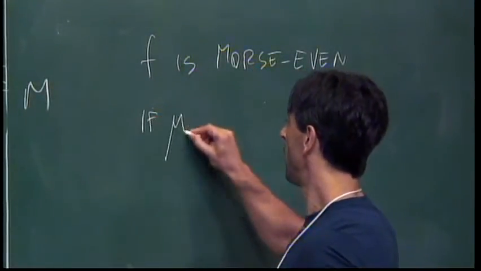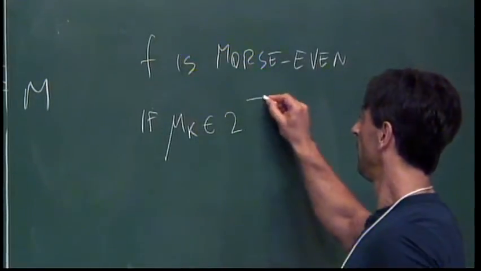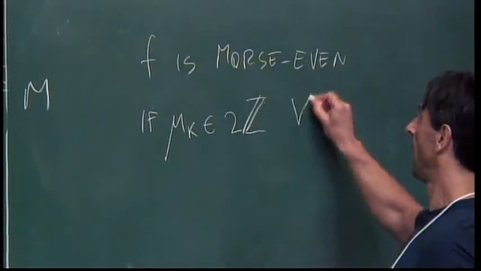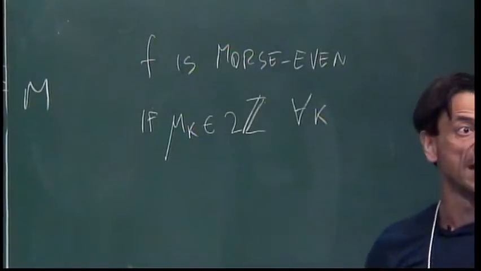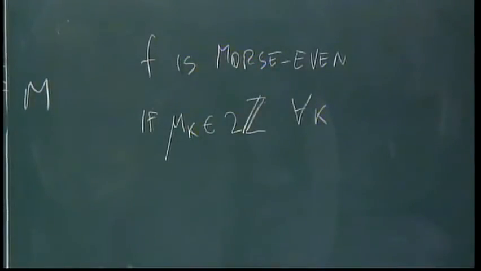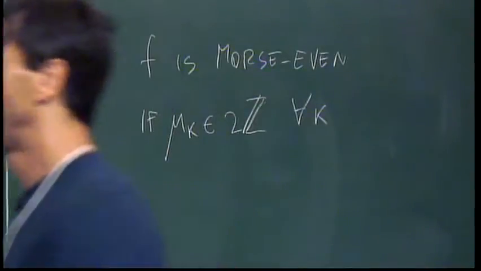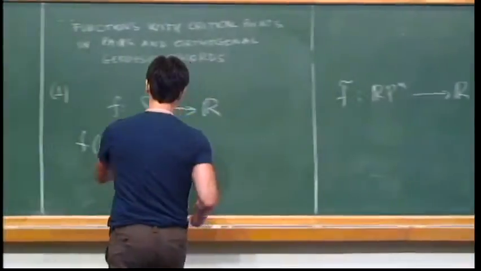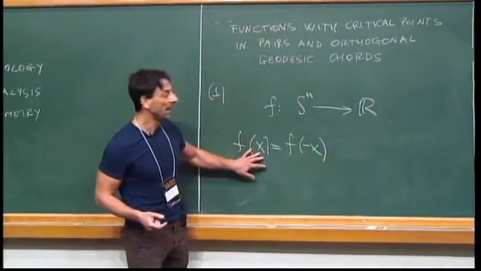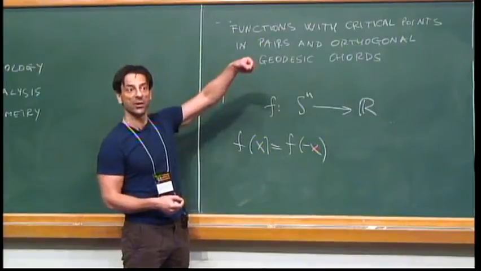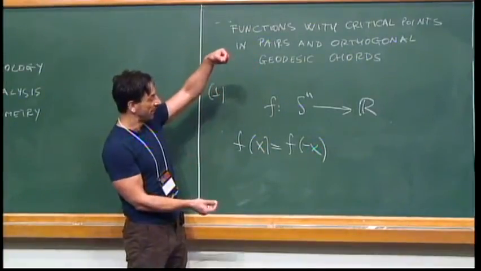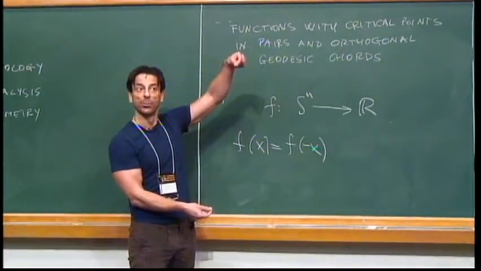If mu k is an even integer for all k, going from 0 to the dimension of M, okay? So that means if you have a way of classifying critical points in pairs, exactly like in the case of even functions. If you have an even function and it has one critical point, then also its antipode is evidently a critical point, okay?